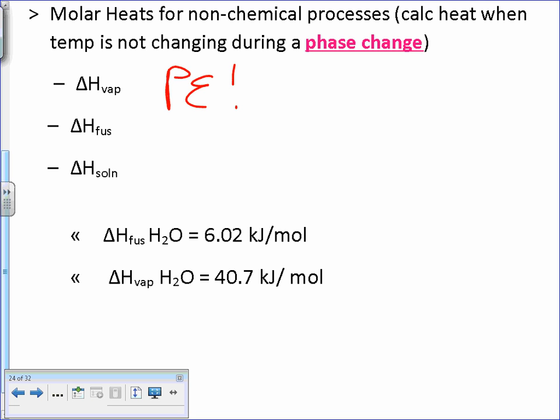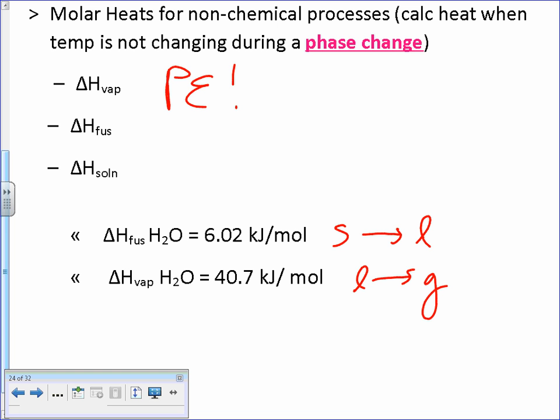Whenever we deal with water, generally we're asked to just know those, and I will give them to you if you don't, but on your homework you're going to have to look them up or look at your paper here. So delta H fusion of water, solid to liquid, is 6.02 kilojoules per mole, and for liquid to gas, vaporization, is 40 kilojoules per mole.